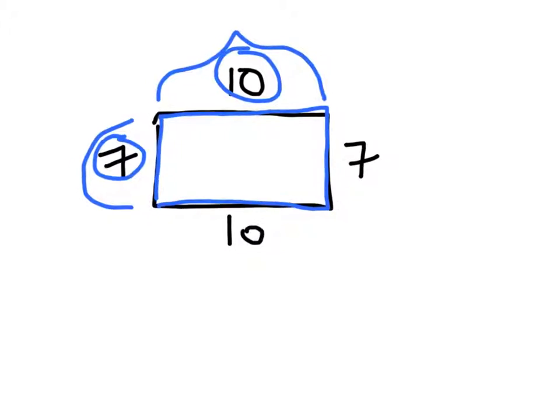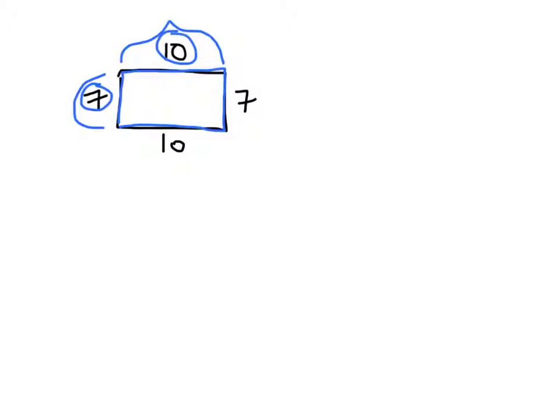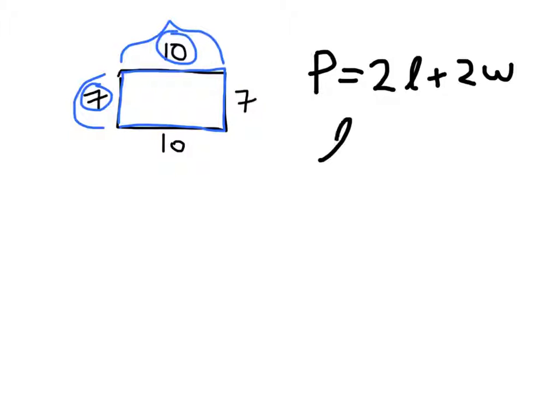But mathematicians love to come up with equations that help us move through things rather quickly. And the equation for perimeter that they came up with, as you know, is the perimeter equals 2 times the length plus 2 times the width. And it is often the case that L stands for length and W stands for width.